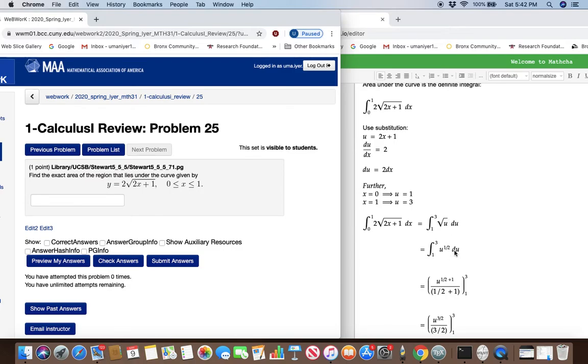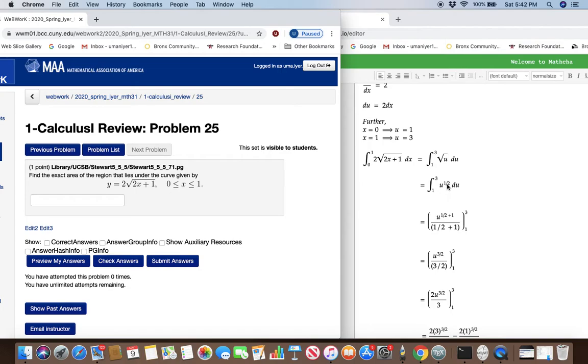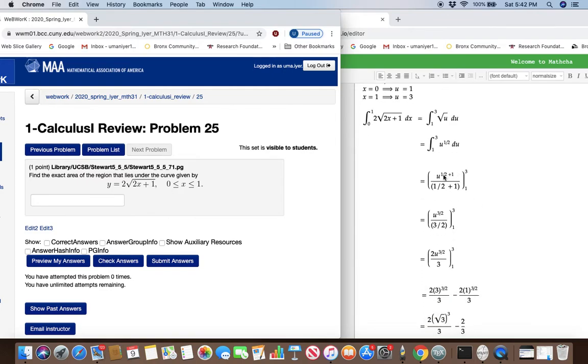U to the power half. So increase the power by 1, divide by the new power. Don't forget the limits, 1 to 3. 1 over 2 plus 2 over 2 is 3 over 2. Division by a fraction is multiplication by the reciprocal.